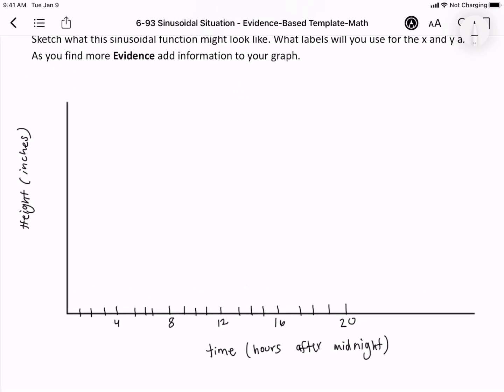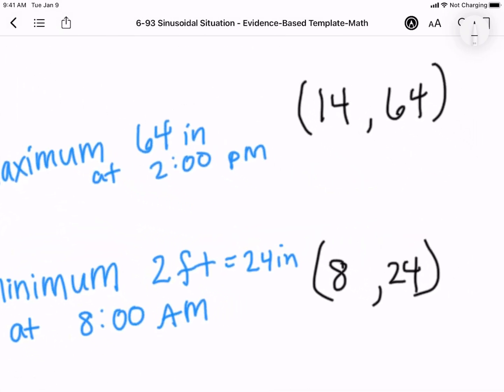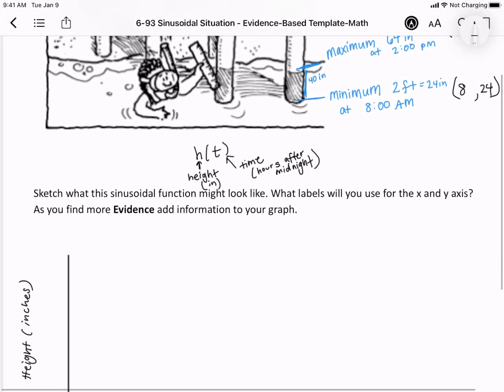And then the height, because our height has these numbers 24 and 64, we're going to have to go up really high. So we don't want to go by ones. 24 and 64 are both divisible by 8. So I'm going to go by 8s. Let's see how that works out.